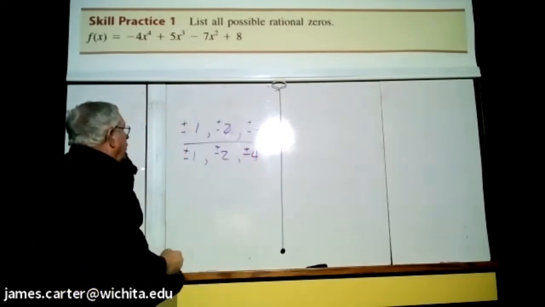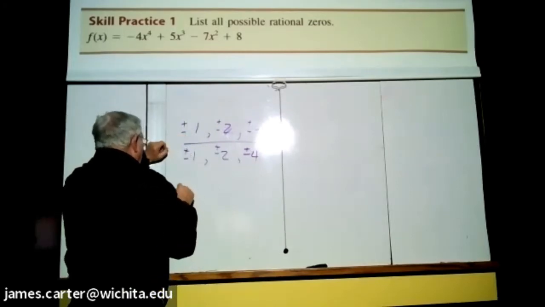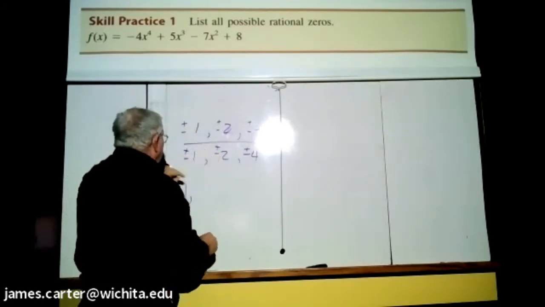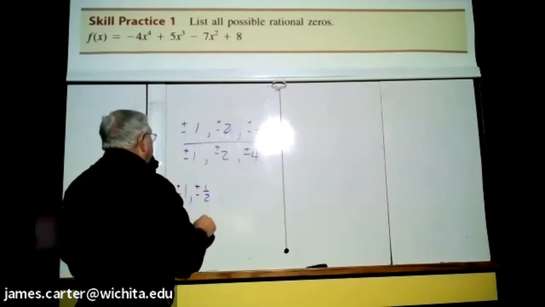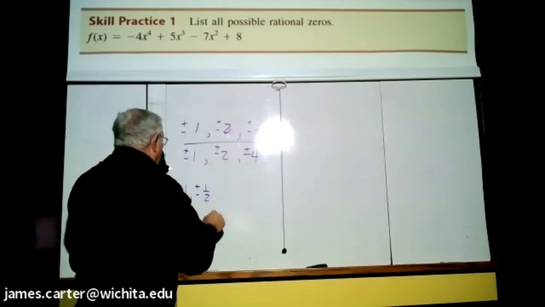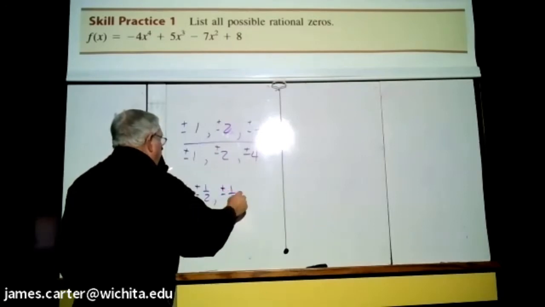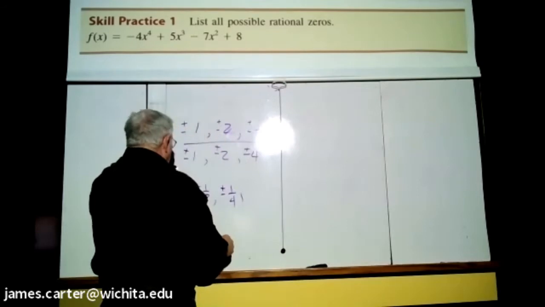Now, given those, 1/1 is just 1, so our total list is plus or minus 1. Okay, 1/2, we got plus or minus 1/2. 1 and 4, we've got plus or minus 1/4. Now we move to this 2. 2/1 is 2.